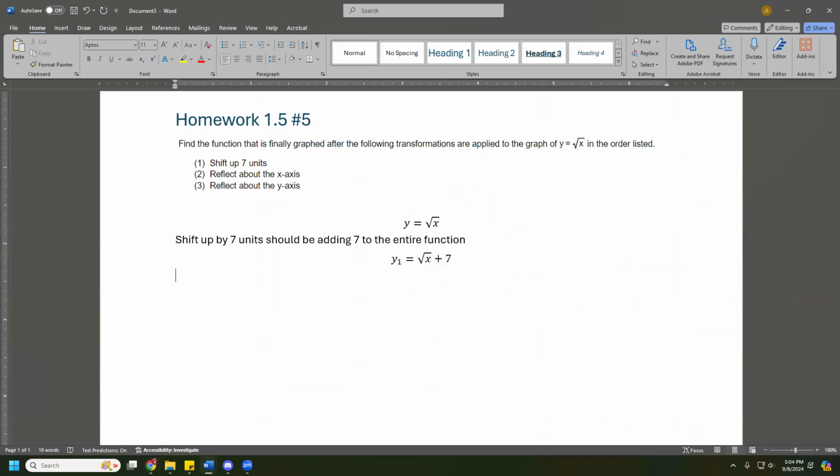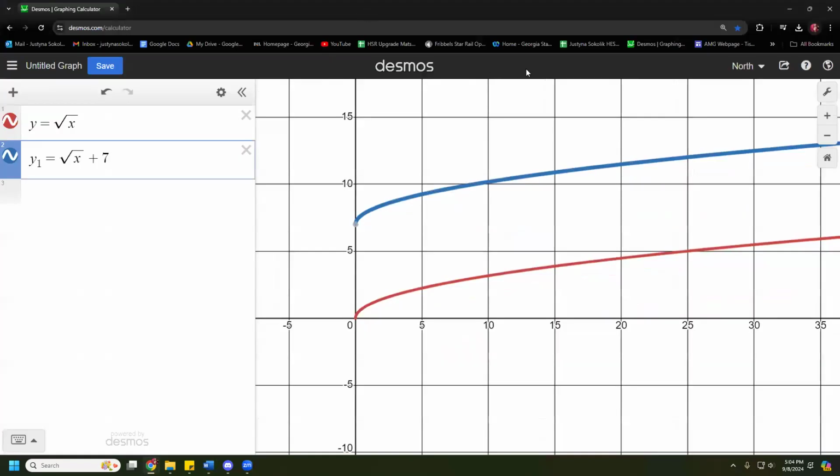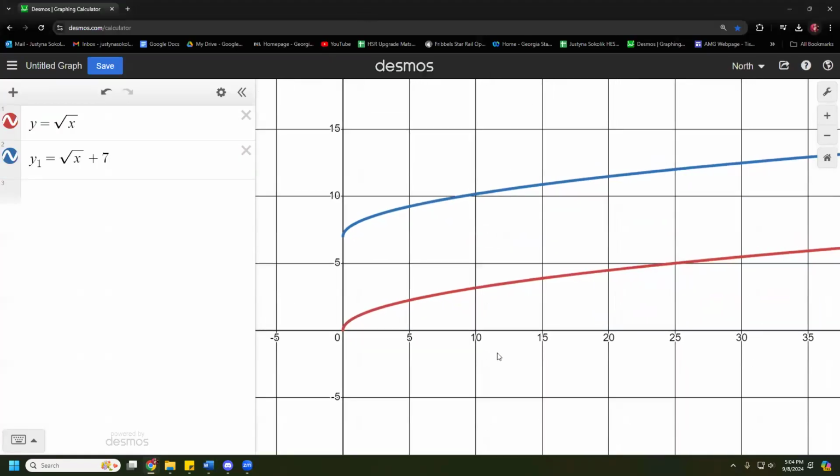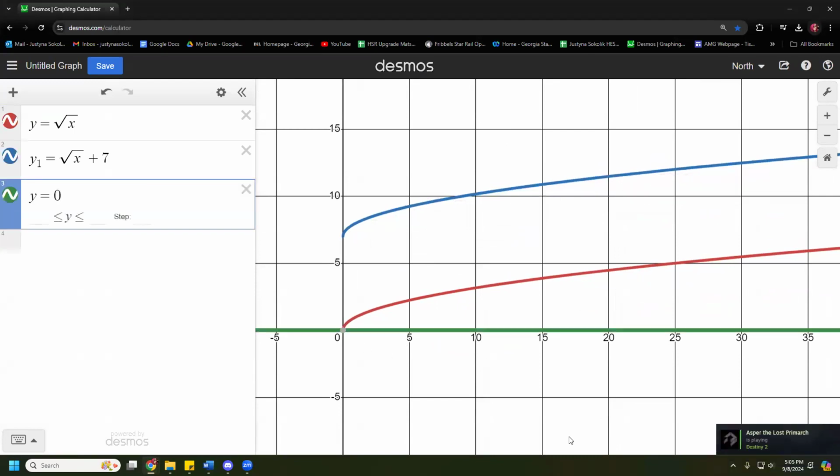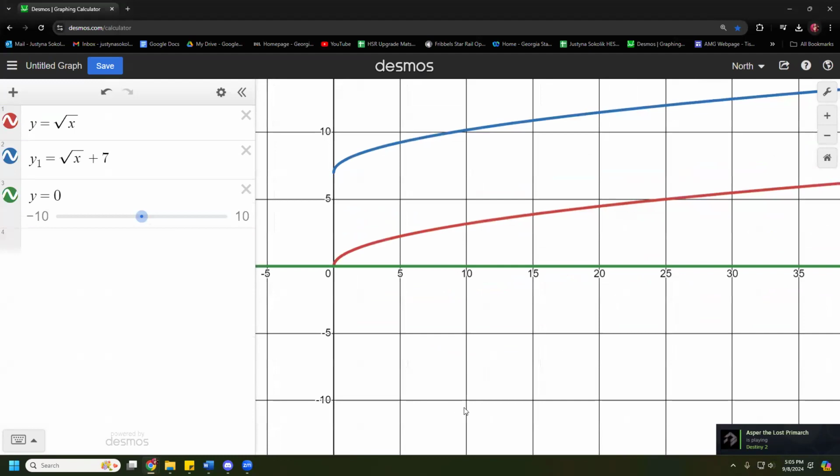Next up, I need to reflect about the x-axis. So real quick, I'm going to pop over to Desmos one more time. Flipping over the x-axis, if you can see my cursor here, I'm doing a kind of vertical movement. I want to take this blue picture over here, flip it over y equals 0, and have it end up down here someplace.